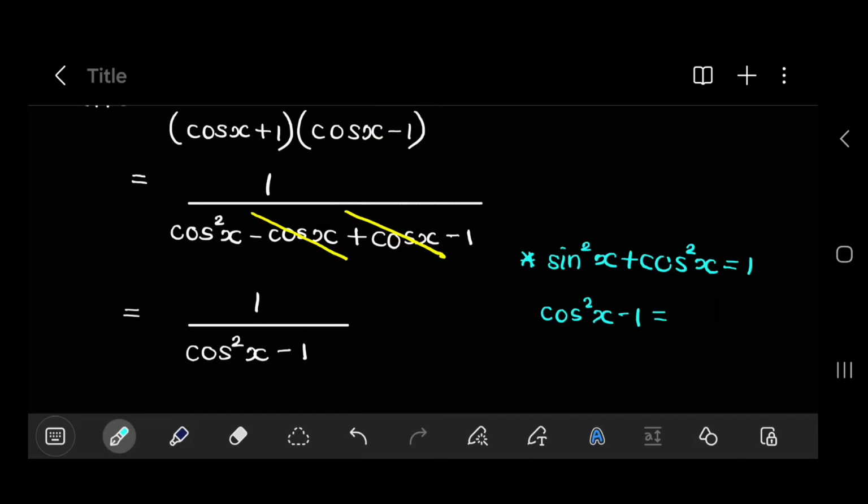But at the same time we take the sin squared x over to the right. However, when it goes over to the right, it becomes negative sin squared x. So your denominator, where you've got cos squared x minus 1, can now be replaced with negative sin squared x.